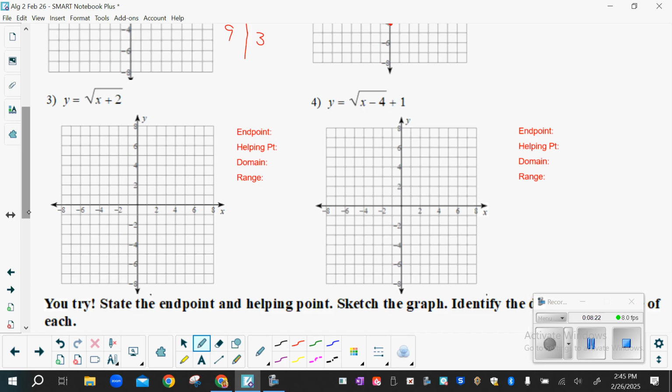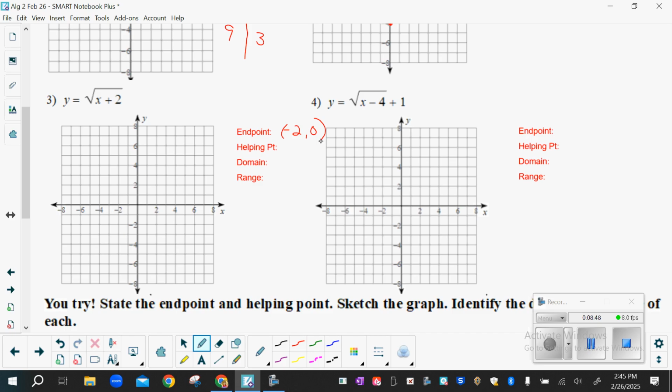So remember, you look inside that square root, and you want to do the opposite of what's in there. Negative 2, 0. So negative 2 and then 0 because it's nothing outside here. Does that make sense? Okay, good. So negative 2, 0.